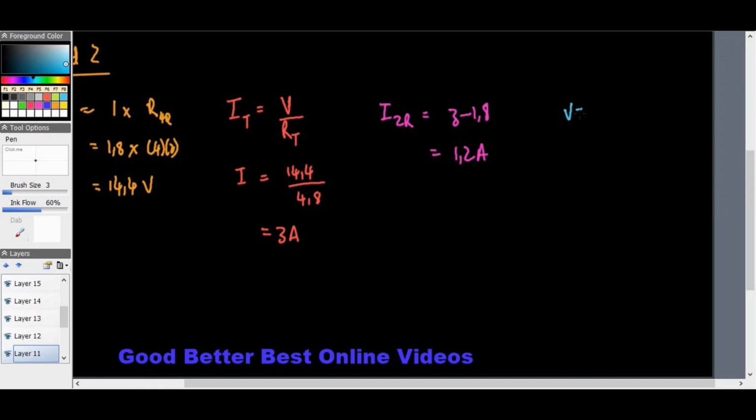V is equal to I times R, which is now equal to 1,2 multiplied by 4, which is still 4,8 volts, the voltmeter reading across the 2R resistor. Where do we get the 4 from? Remember, this is the V2R, and the value for R is equal to 2 ohms. So we just substitute 2 for R to get our resistance value.